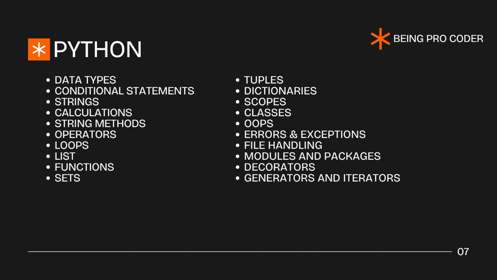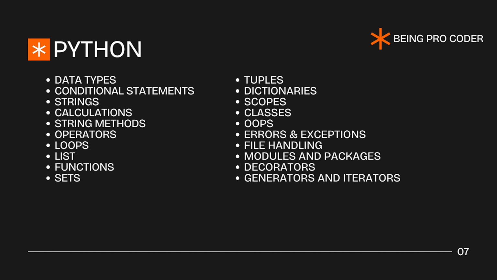Then conditional statements, which execute code based on conditions, like if, else, while and for loops. Strings are a sequence of characters, and basic calculations like sum, multiplication and subtraction can be performed with a single statement in the print function.